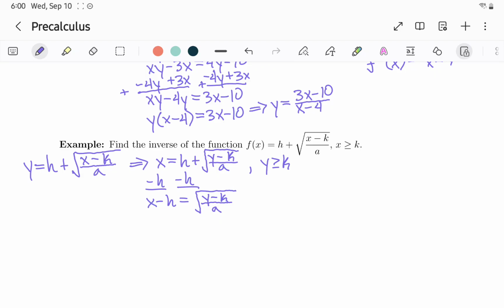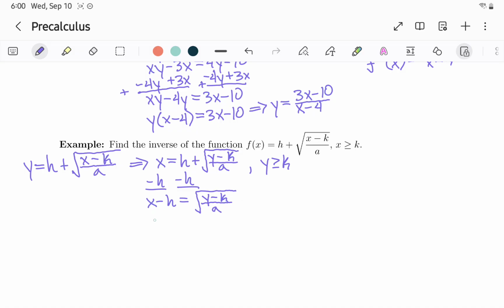And now we're going to square both sides. By the way, if you ever take the square root of a square, what you end up with is the absolute value, because you don't know if that square was a negative or a positive to begin with. But when we are squaring the square root, we don't have the absolute value because we are already assuming that what we have under the square root here is positive.